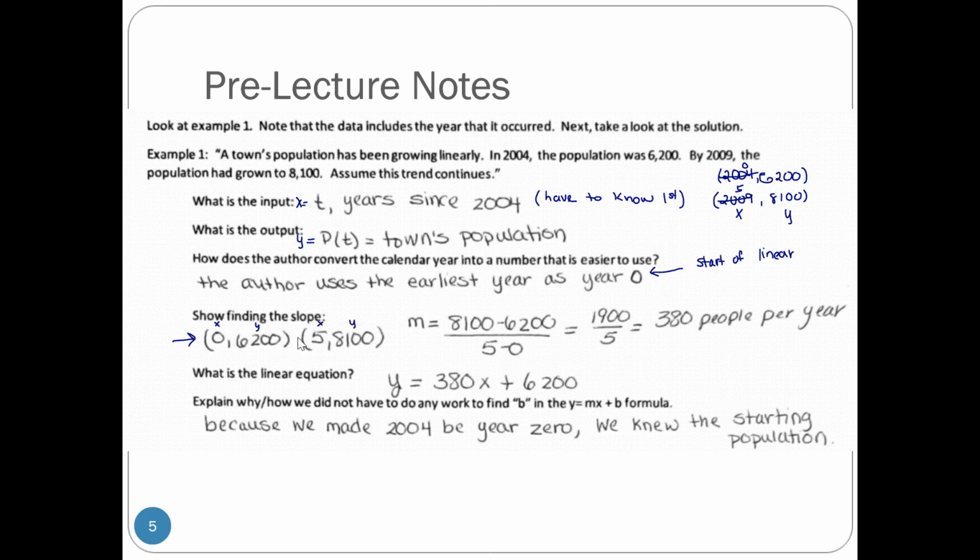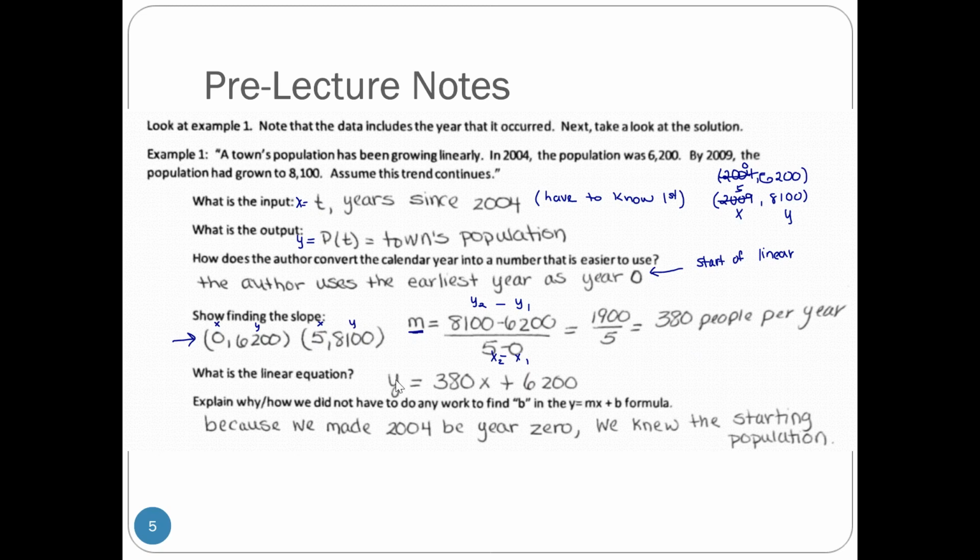So then I use these ordered pairs to figure out my slope, and we know that's subtracting the y values, subtracting the x values, and we figure out that we have a population change of 380 people per year. So this is my m.